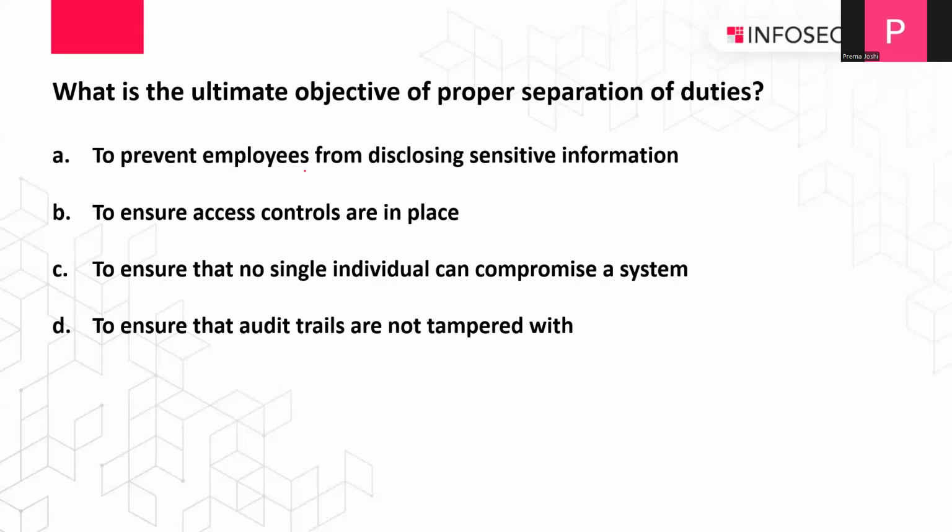The first one says to prevent employees from disclosing sensitive information. The second says to ensure access controls are in place. The third says to ensure that no single individual can compromise our system. And the fourth says to ensure that audit trails are not tampered with. When we talk about separation of duty, it makes sure that errors won't be there, and that no single individual has the permission to perform all the tasks.